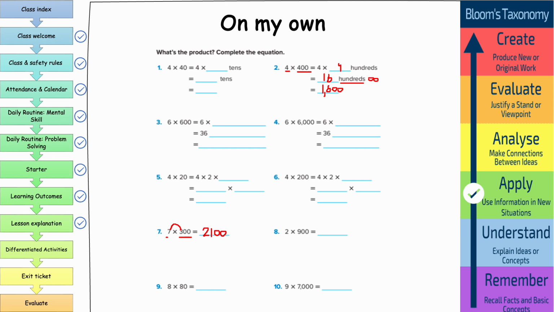So a comma comes after 3 numbers, so it's 2100. Now 2 times 900, 2 times 9 is 18. And then how many zeros are left in the equation? 2 zeros, so it will be 1800, and the comma comes after 3 numbers. That's it.